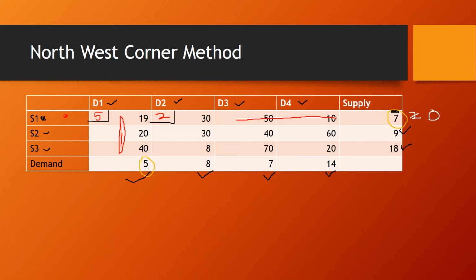The demand for D2 was 8, and the remaining demand is now 6, because 2 is already met. Now we will come to the next northwest corner which is available, which is this one, because we have cancelled this row as there was zero supply left.